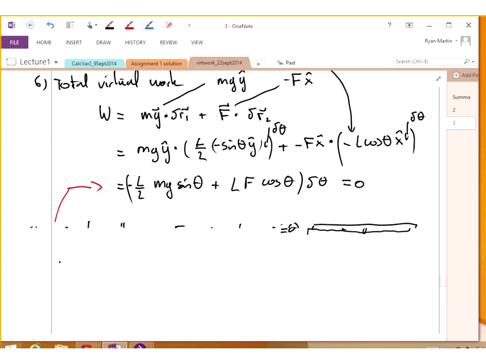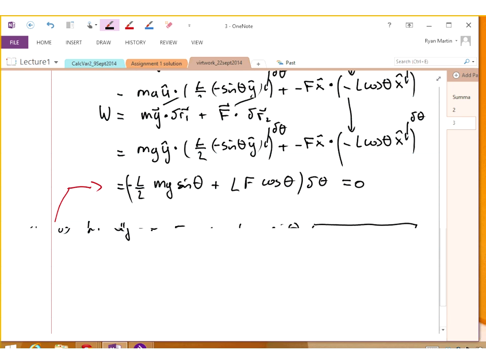And now let's look at step 8, which was the alternative, to solve the problem by setting the generalized forces equal to 0. So the generalized forces, Qj, there's only going to be one, right?